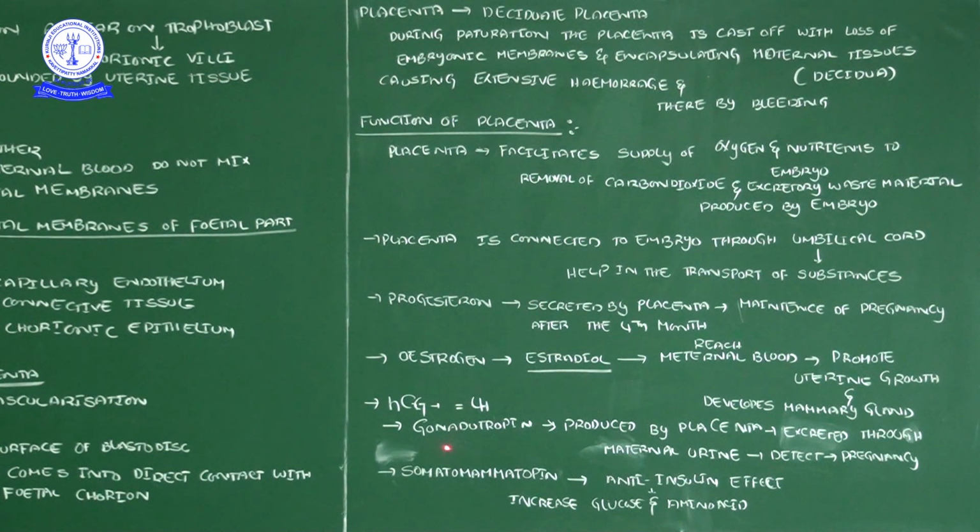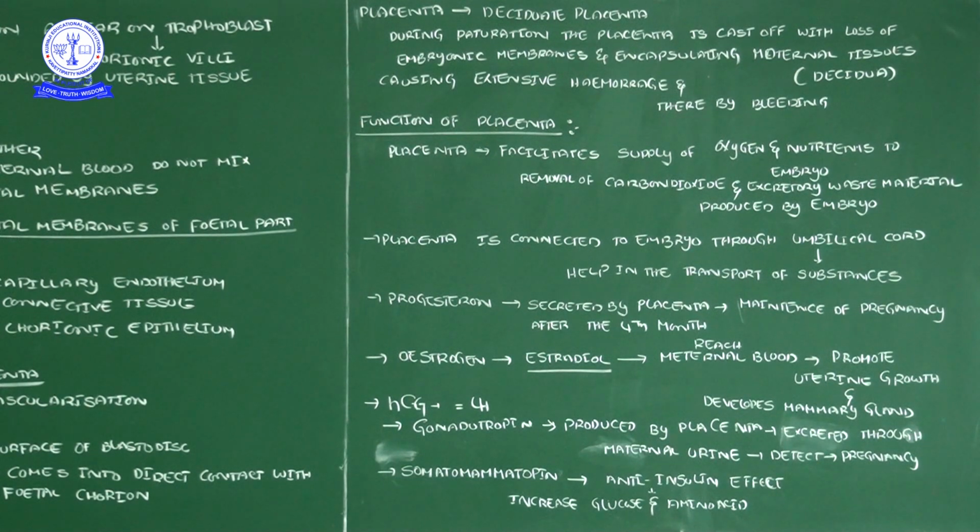During pregnancy, the pregnant woman's urine contains this gonadotropic hormone. So when the maternal urine contains gonadotropin, it is a sign that the female has conceived.